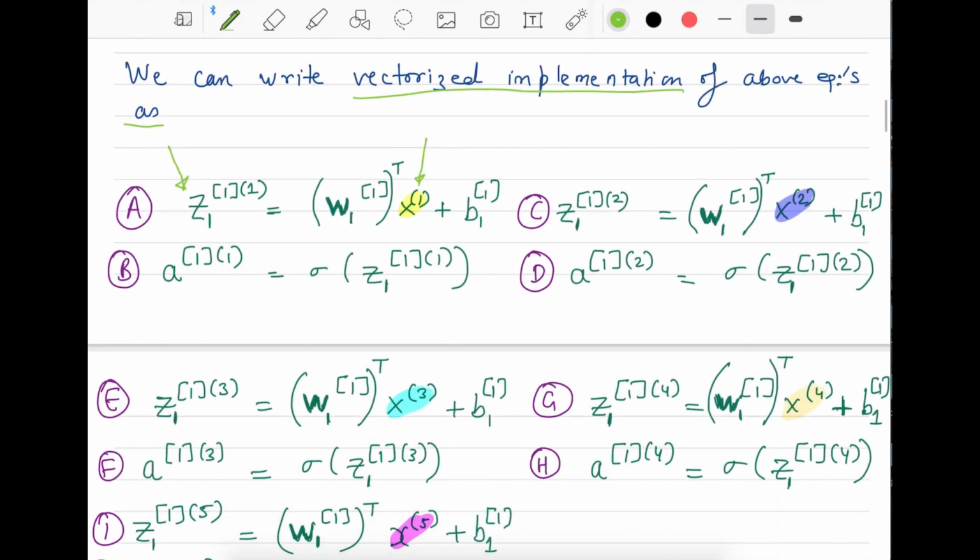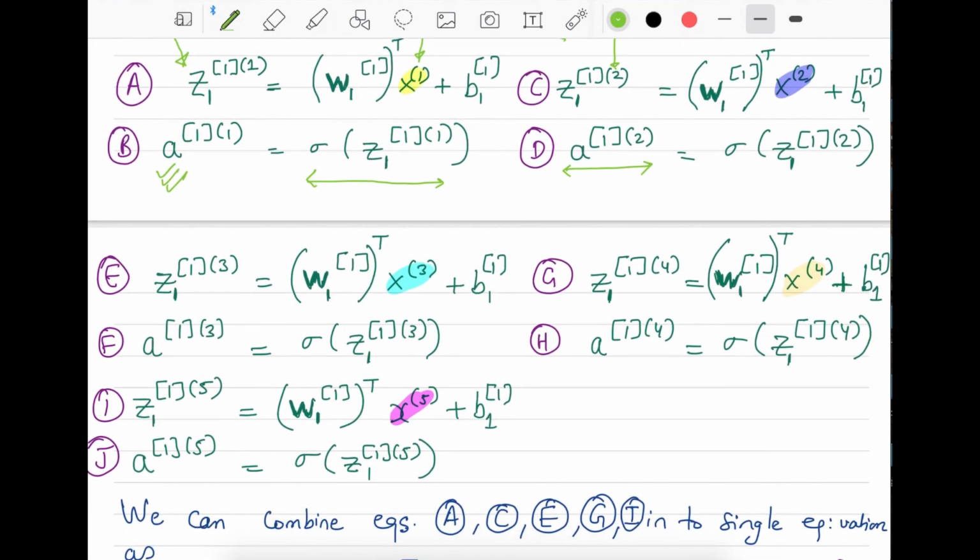Similarly, you can write the corresponding activation, which is this one. Then you can write it for the second input: you are writing the second input's summation Z1 in the form of matrix implementation, and then you have its corresponding activation here.